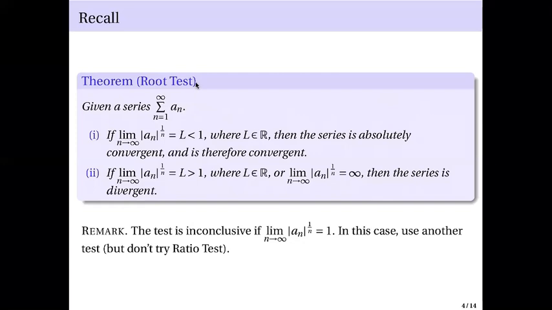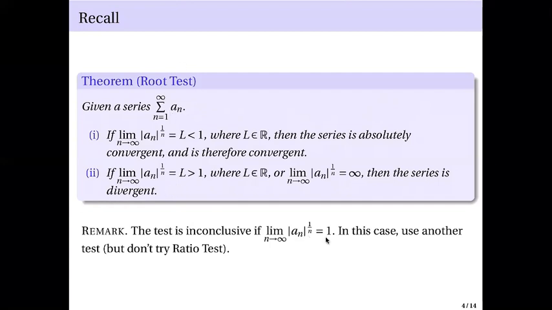So notice, this is very similar to the ratio test. And again, you compare the limits with 1. So either less than 1, in that case, you have absolutely convergent series. And then you have greater than 1. In that case, the series is divergent.